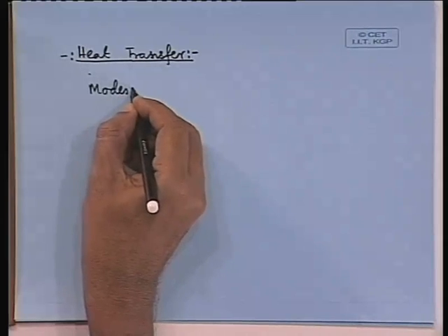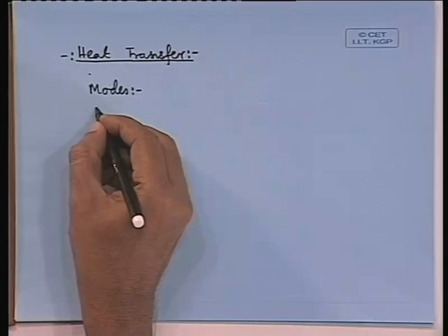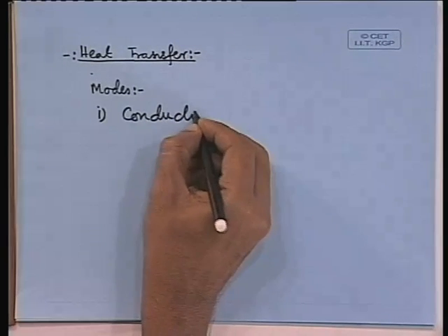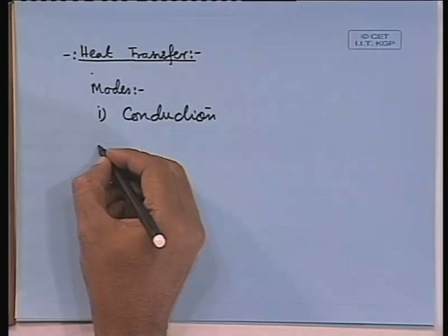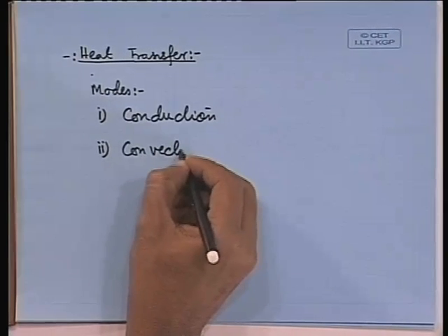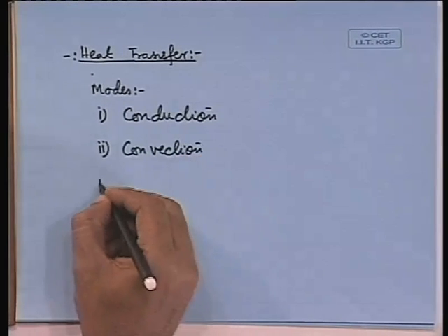These are known things, but even then, for continuity, we should discuss that there are three modes of heat transfer. So, heat transfer modes: we have three, and basically they are conduction, convection, and radiation.